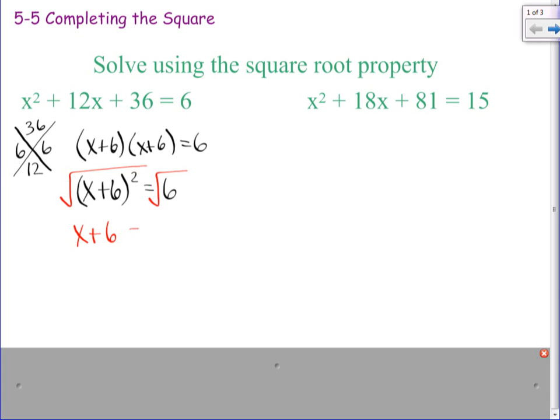And over here, remember, anytime you square root in an equation, we always have plus or minus added to your answer. Then how do we get x by itself? Now we just subtract 6. So we've got x equals negative 6 plus or minus the square root of 6, and this would be your answer.